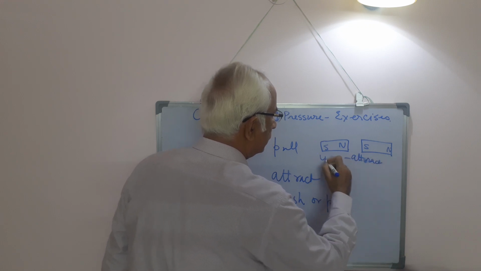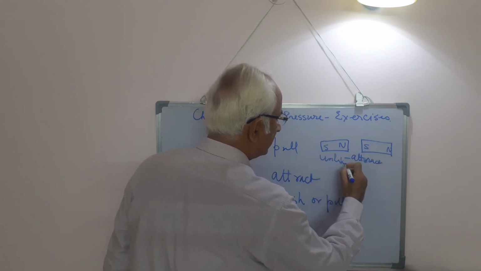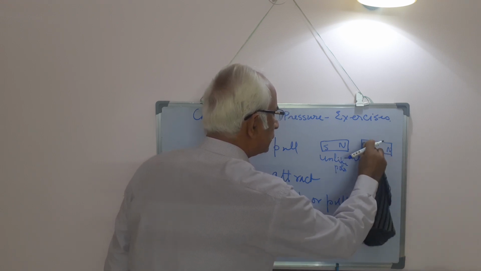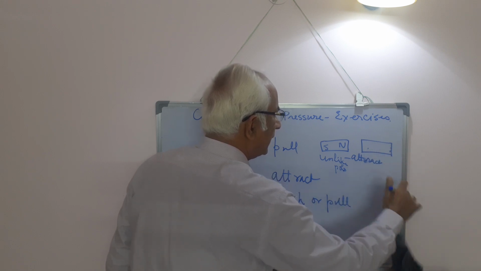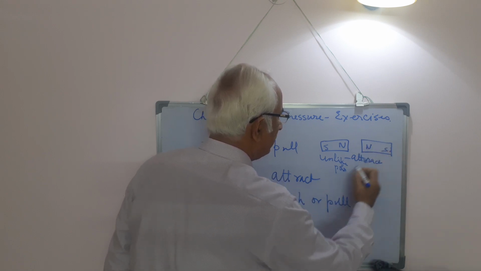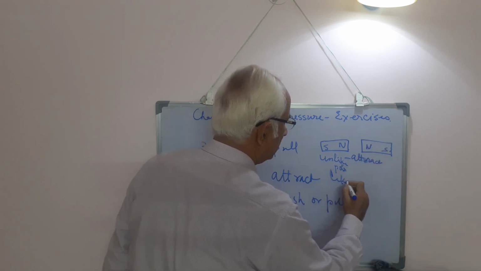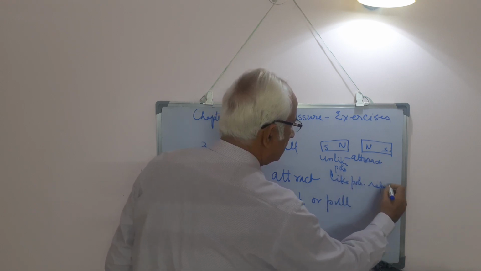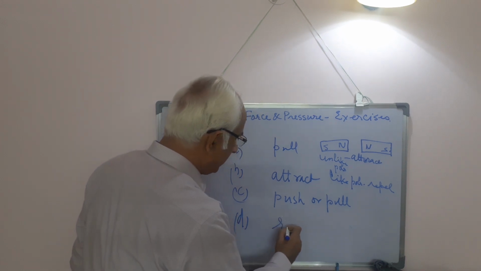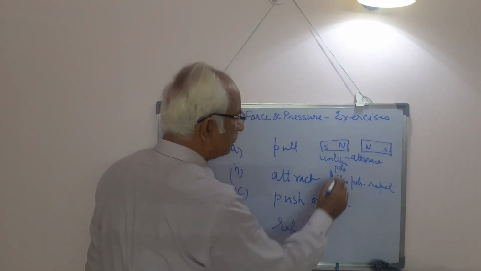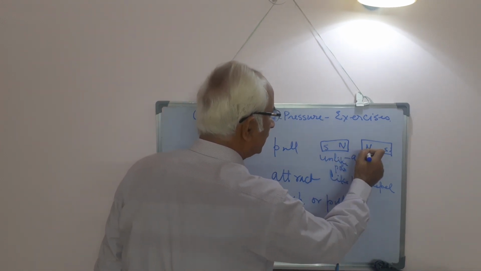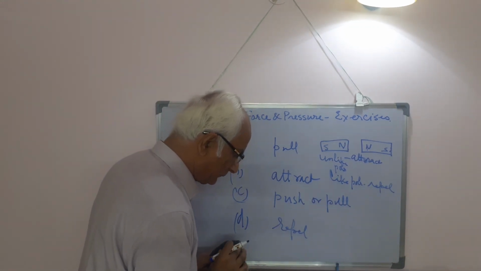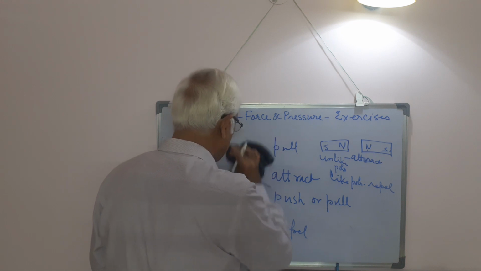These are unlike poles when they are near each other. But if this is also north and this is south, they will repel. Like poles repel. So here the answer will be repel, because we are bringing a north pole near a north pole. So like poles will repel each other. So that is your question number 3.